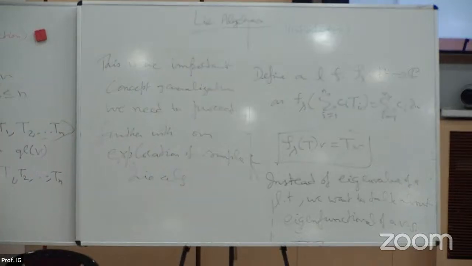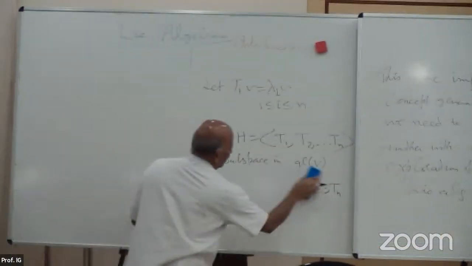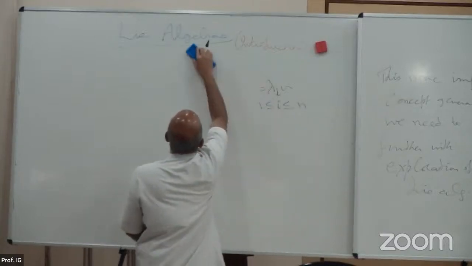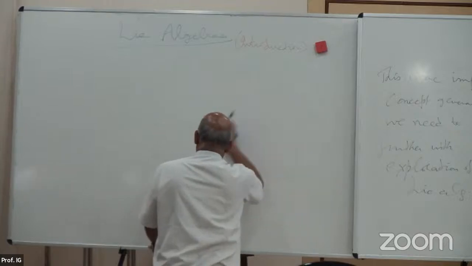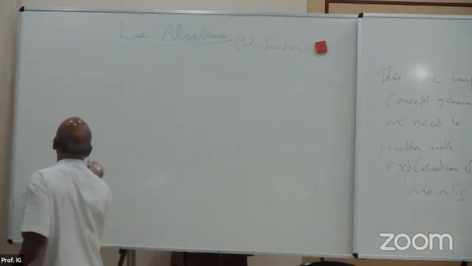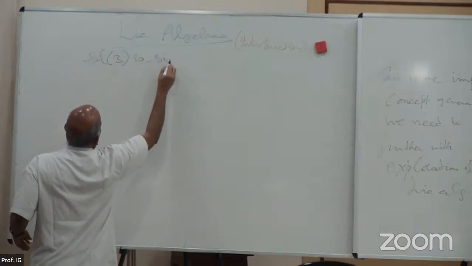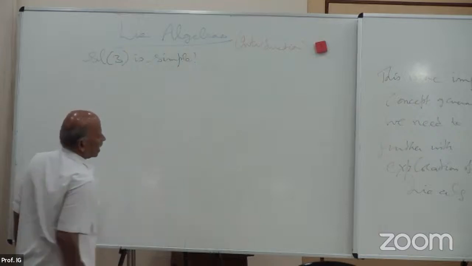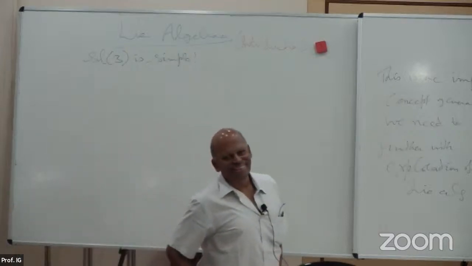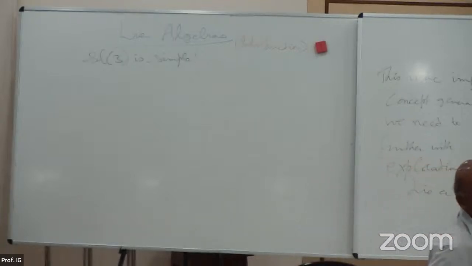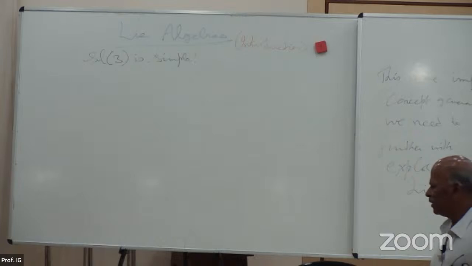So to see the simple example, we move on to SL3. Of course, it is going to turn out that in general SLn is going to be simple. We are slowly moving there. First, we have seen SL2 is simple.